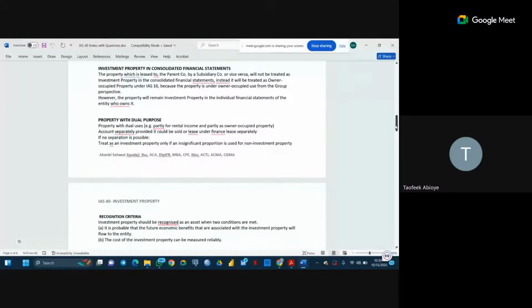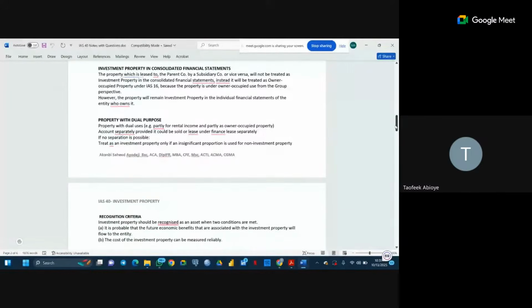If that is the case, in the books of the owner, they can recognize the 1st and 2nd stories as IAS 16, and the 3rd and 4th stories as IAS 40, because the value can be determined separately.